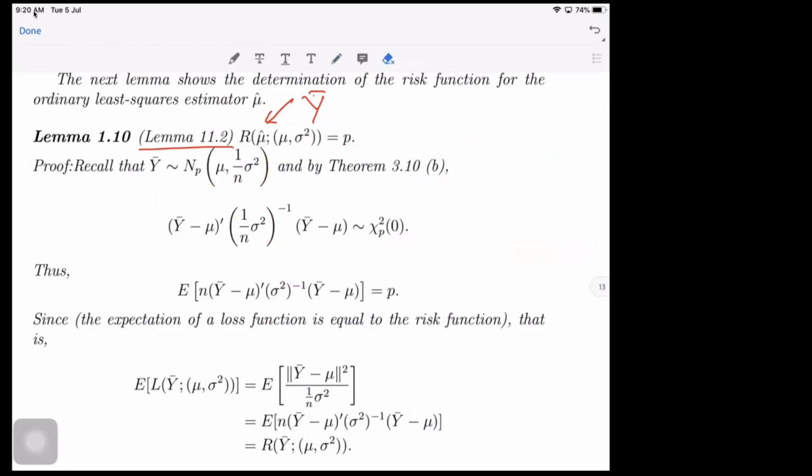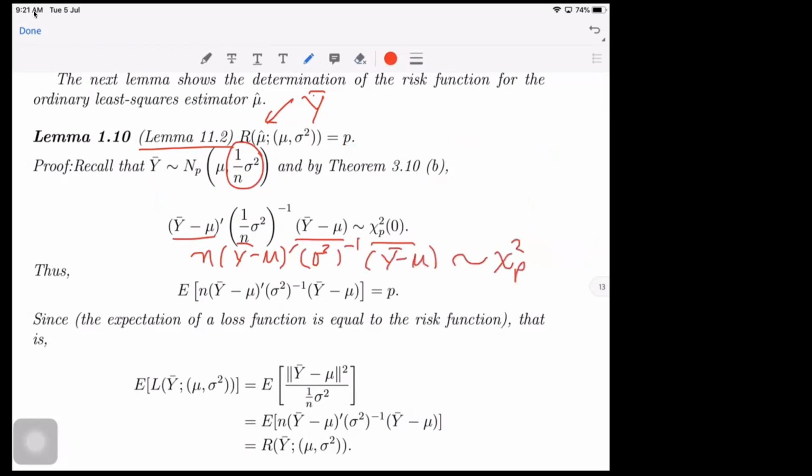So Y bar minus mu, with a covariance matrix 1 over n sigma squared, is chi-square distributed. This can be written as n times Y bar minus mu prime, sigma squared inverse, and then Y bar minus mu. So this is central chi-square distributed.